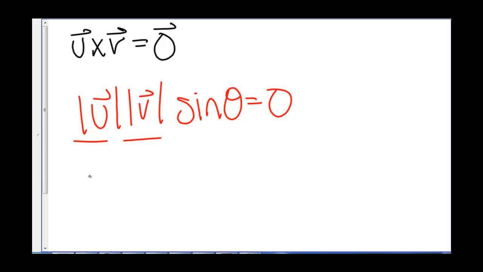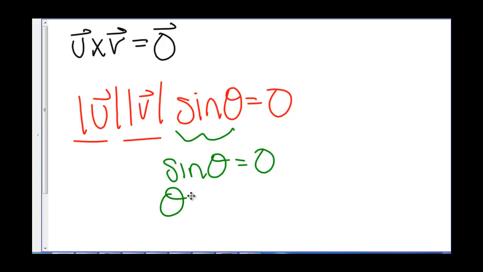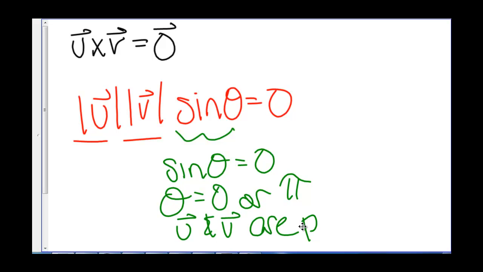Since u and v must have length, unless they're the 0 vector, in which case we don't have a cross product, u and v both have length, so that means that sine of theta equals 0. So that means that theta equals 0 or pi, which means that u and v are parallel. And that's the only time that our cross product is 0.